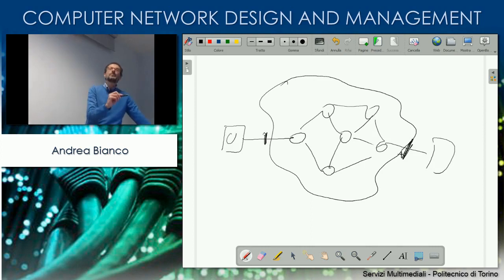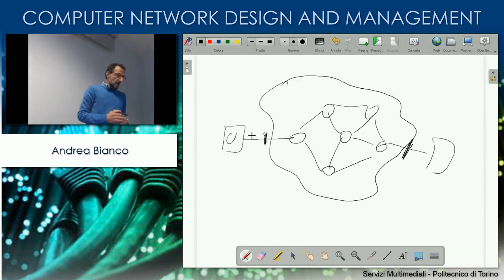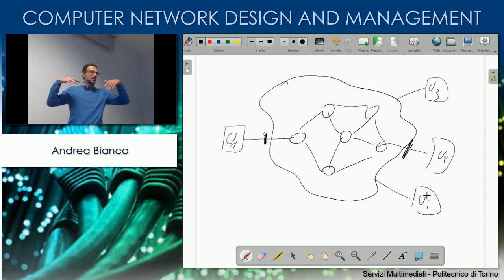Now, at layer 2, what's happening is that on this physical link, well, it may not be a physical link, but for simplicity, consider it as being a physical link, you ensure flow control between the transmitter and the receiver. So regardless of whether user U1 is generating data for user U2 or user U3 or whatever user, it doesn't matter. You may generate at the user level for many destinations, right? If you have many parallel connections, that's possible.